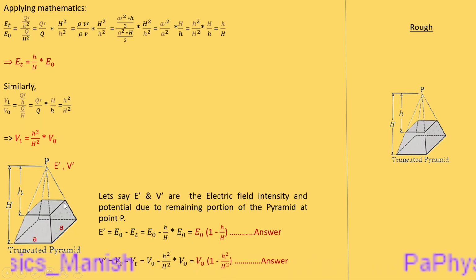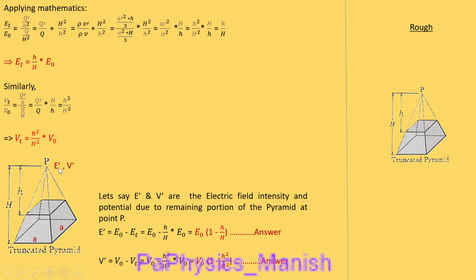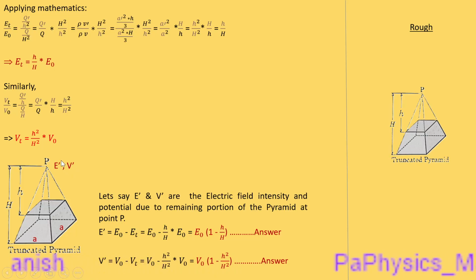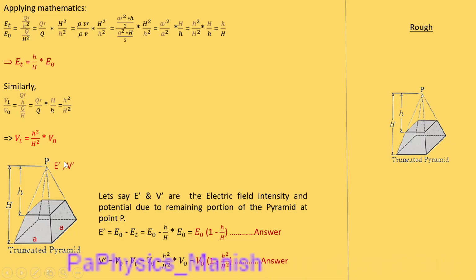For this portion of the pyramid which is left over, we have assumed E prime and V prime as the electric field intensity and potential respectively.